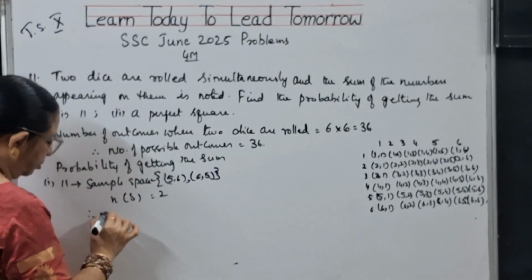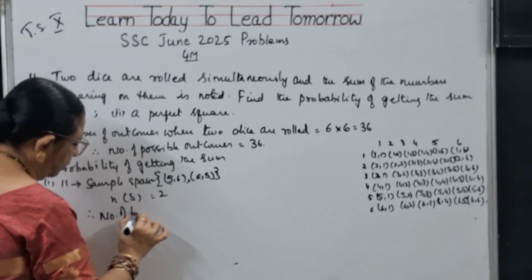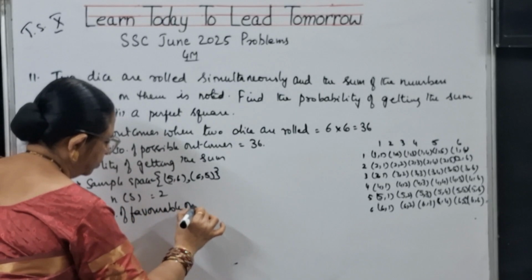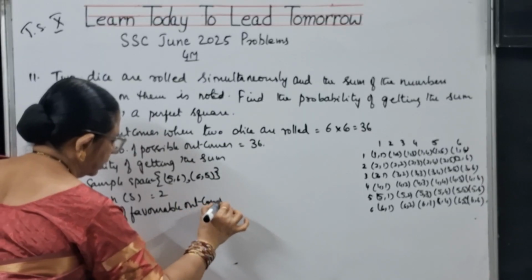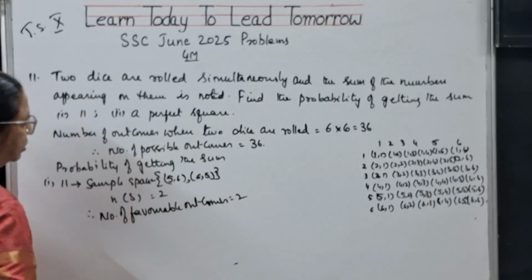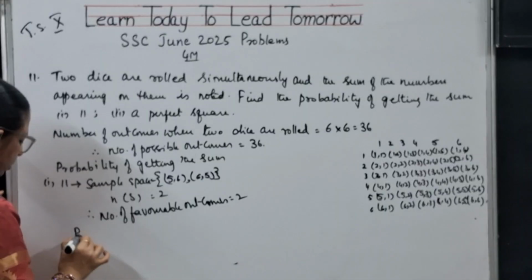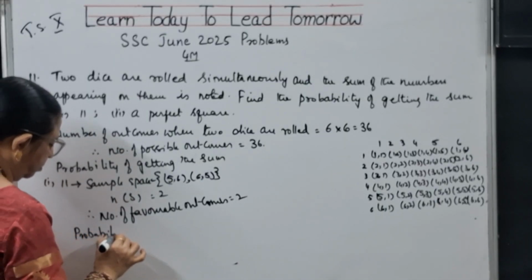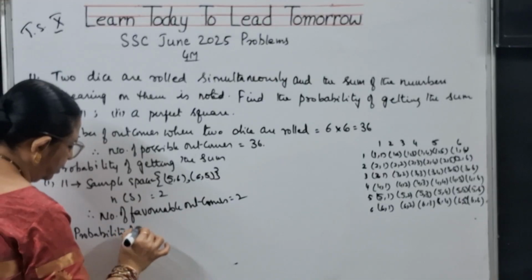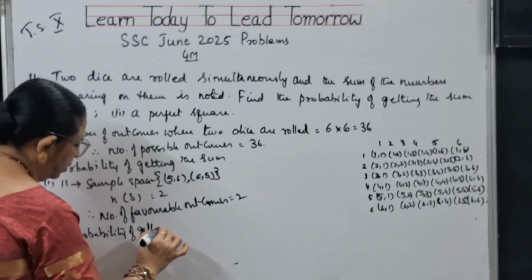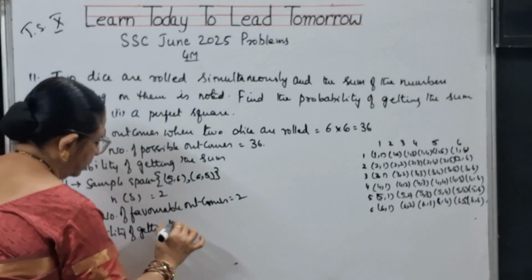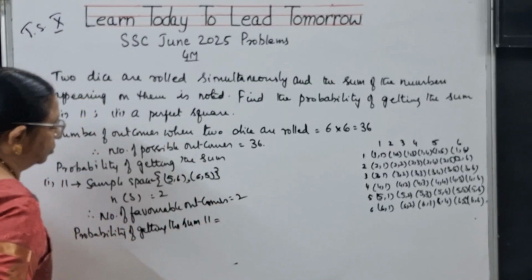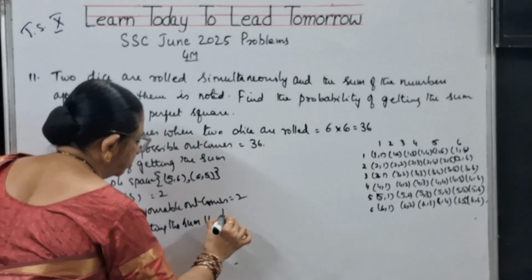That means the number of favorable outcomes. Number of favorable outcomes are 2. So probability of getting the sum 11 is equal to, what is the formula?